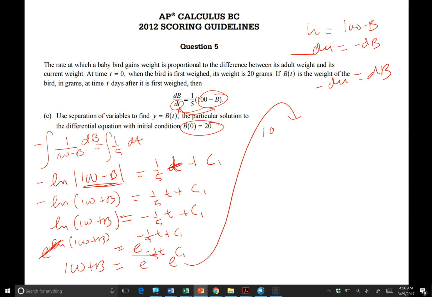Then I've got 100 minus b equals, and this is just going to become another constant, so I'm going to say C e to the negative 1/5 t.